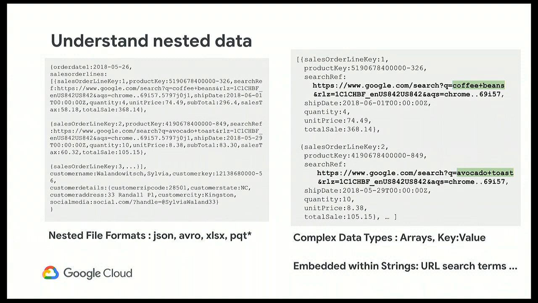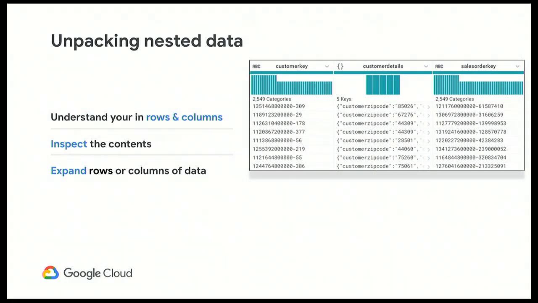OK, so how does data prep handle this scenario? Well, first thing out of the box, Cloud Dataprep supports those various file formats, and will immediately show you that data in a row and column format, right? So you immediately see these elements here. The elements here, the customer, you'll see them as individual columns. You'll also see the data types automatically inferred in the case where you have nested values, this key value pair here.